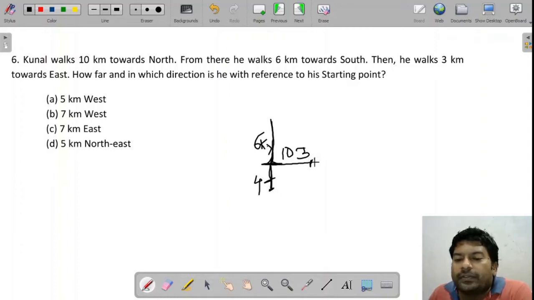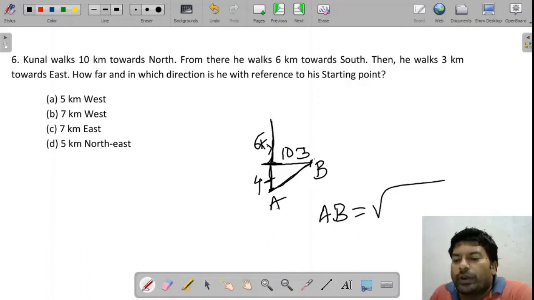Again here it forms a right angle triangle. Starting point is A, end point is B. The hypotenuse AB is given as the square root of 4 squared plus 3 squared.